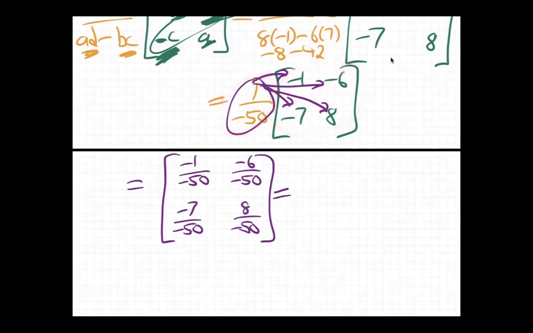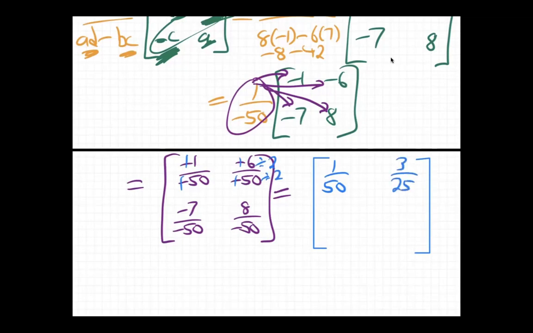Let's reduce that a little bit to get a final answer that will hopefully match the answer I already showed you. Here, 2 negatives become positive, and then reduce the fraction by 2 top and bottom, 3 over 25. Here, 2 negatives become positive. Can't reduce that fraction. Here, divide by 2 top and bottom.